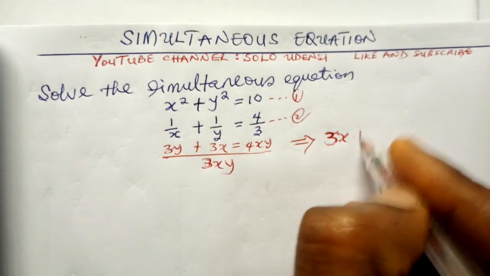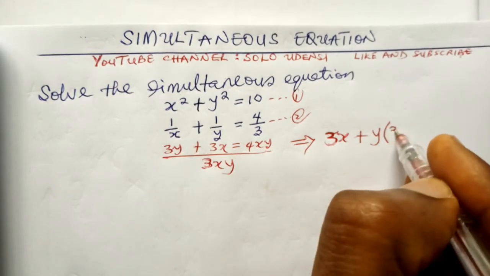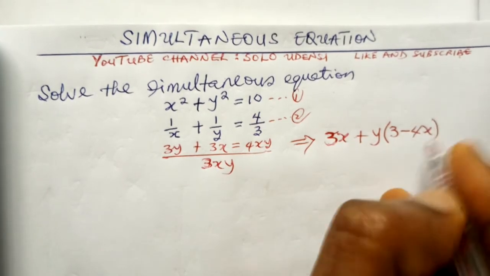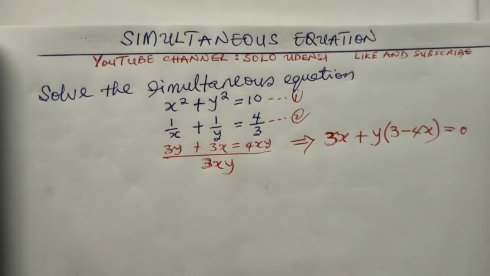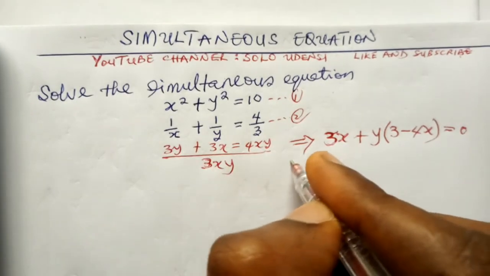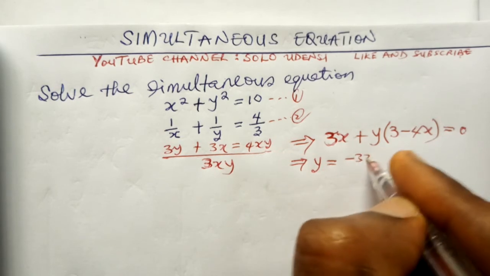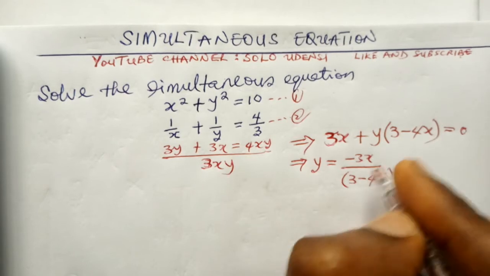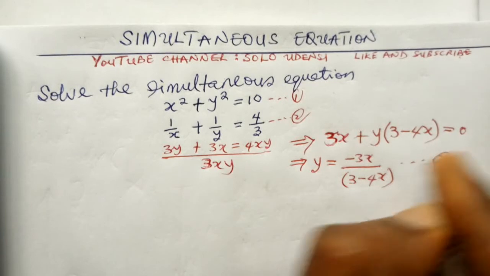So we can say plus y, then we have 3 in the bracket minus 4x is equal to 0. That's what we are going to get, and this implies that y is equal to minus 3x all over 3 minus 4x. So this is a very important equation that we are going to use in future. Let's call this equation 3.